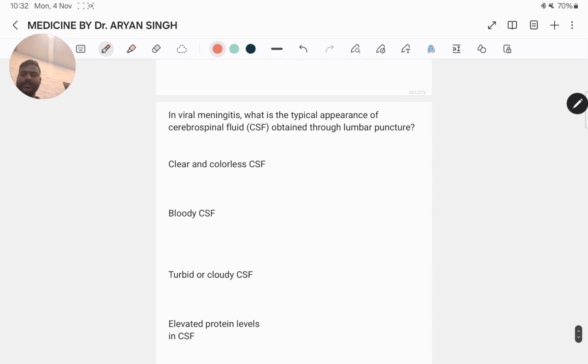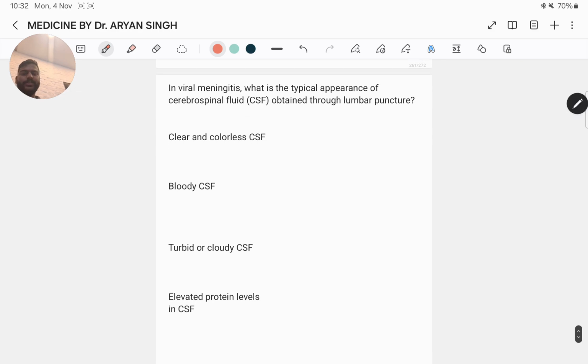Next question. In viral meningitis, what is the typical appearance of cerebrospinal fluid obtained through lumbar puncture? Clear and colorless CSF, bloody CSF, turbid or cloudy CSF, elevated protein level in CSF.